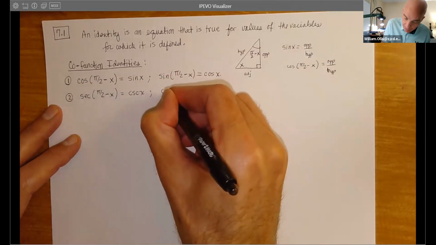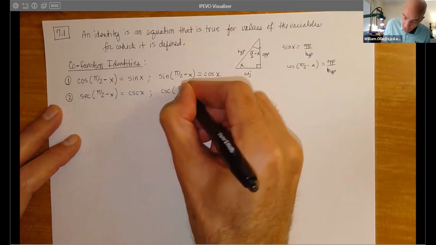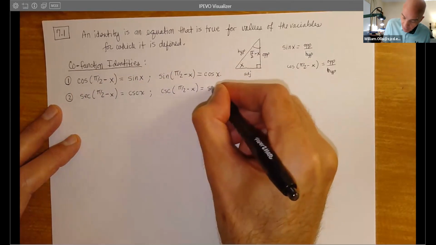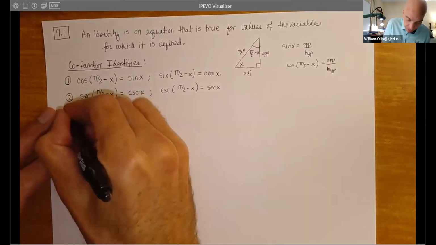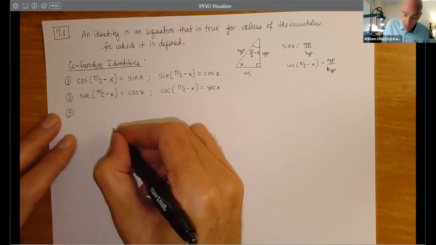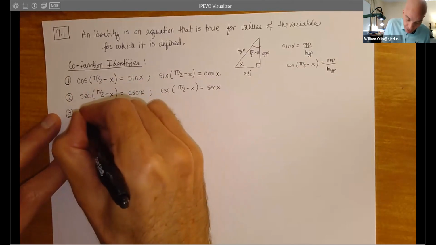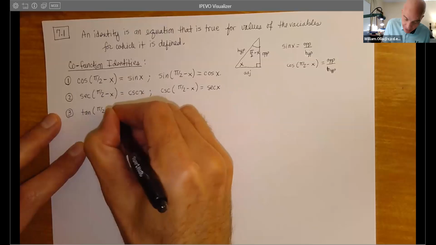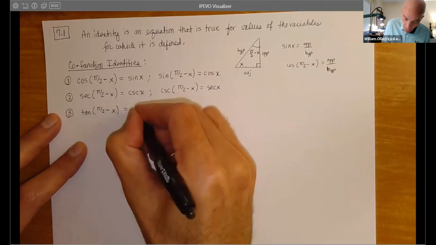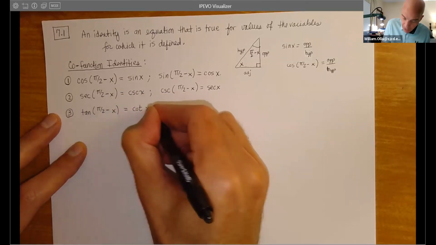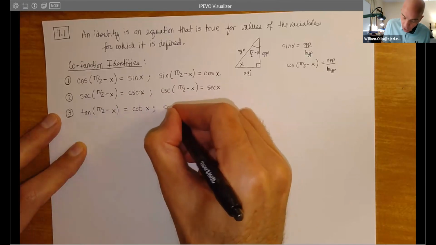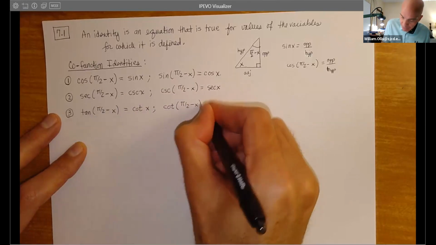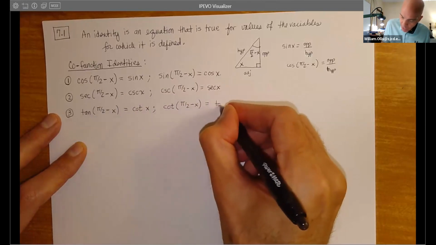And then cosecant of pi over 2 minus x is secant of x. Same with tangent and cotangent. Tangent of pi over 2 minus x equals cotangent of x, and cotangent of pi over 2 minus x equals tangent of x.